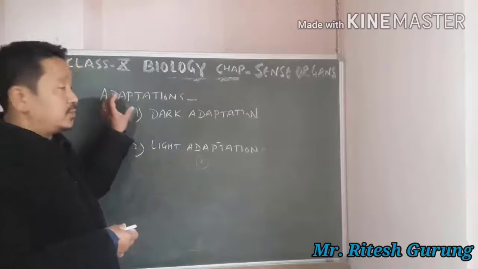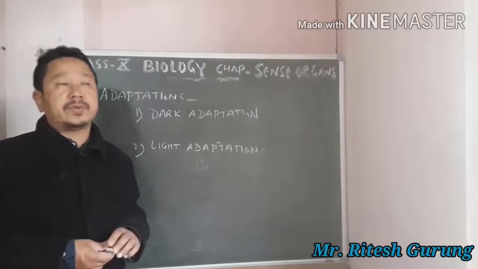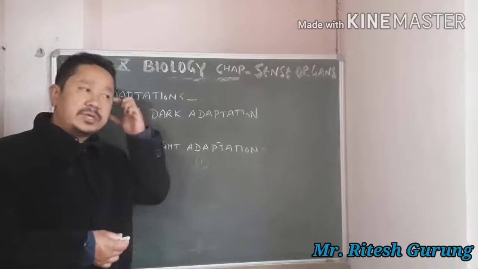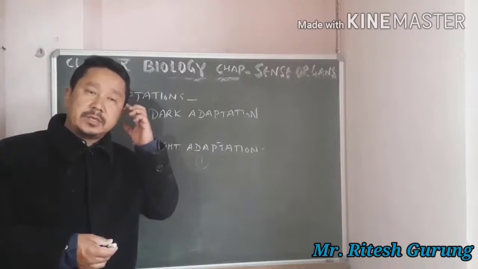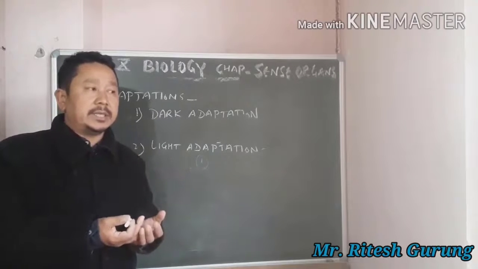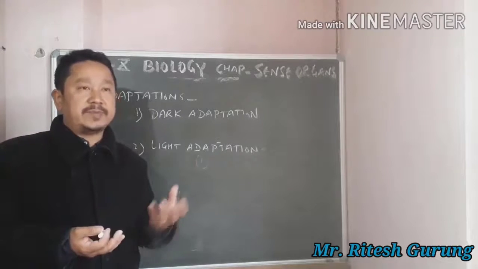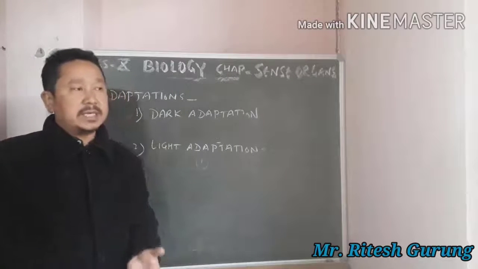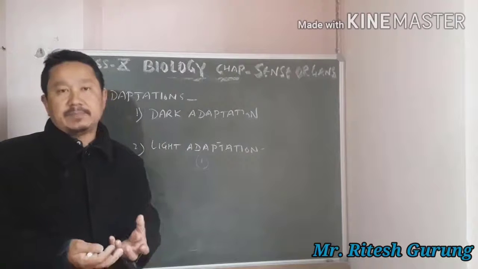Now the next point we have is adaptations. Adaptations here means adjustment of our cells in different places, sometimes in a dark place, sometimes in a brightly lighted place.